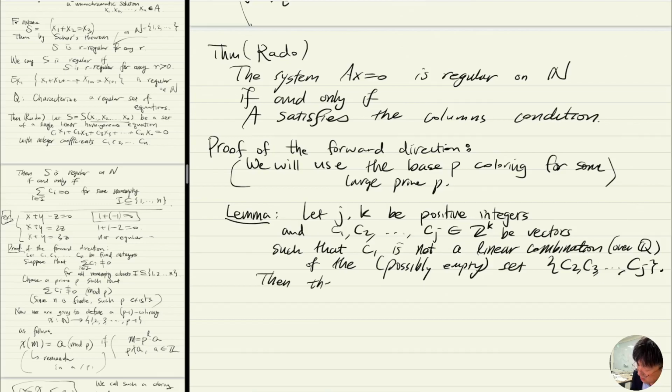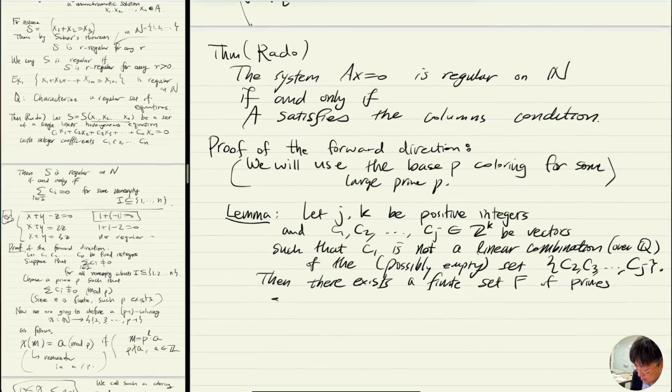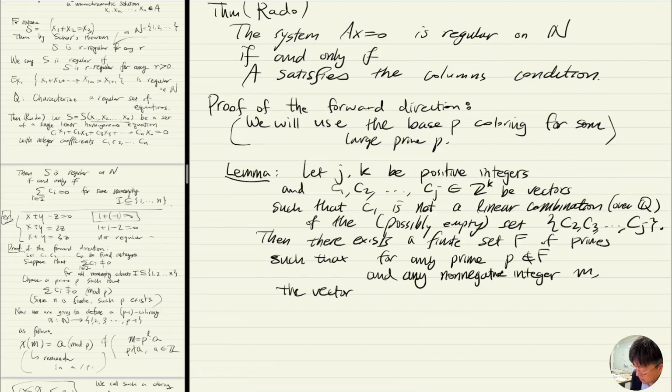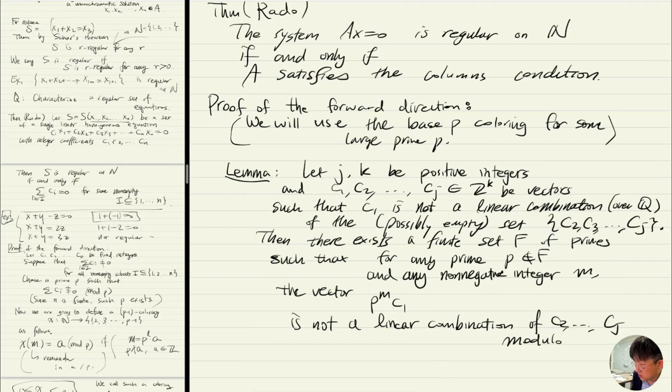Then there exists a finite set F of primes such that for any prime P not in F, and any non-negative integer m, the vector P to the m times C1 is not a linear combination of C2 up to CJ modulo P. Oh, modulo P to the m.